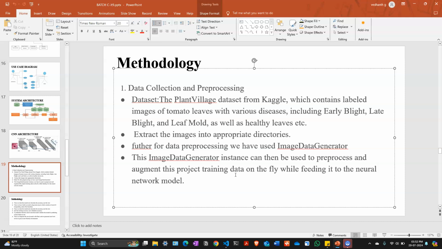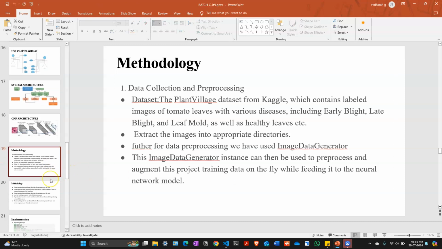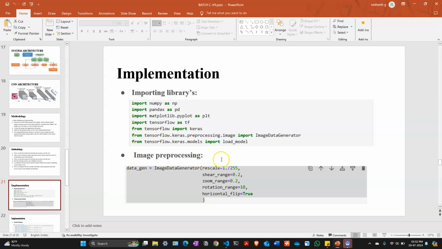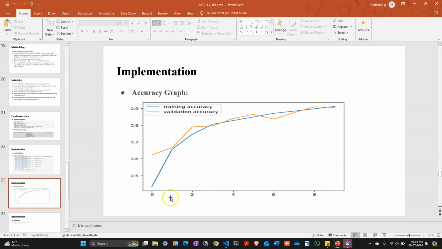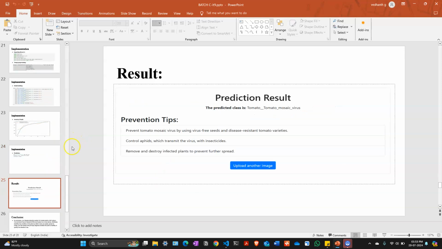Moving on to the implementation part of our project, we have used basic machine learning libraries and a CNN model incorporated into a Keras Sequential model, and after running our project, the accuracy gradually grew as we increased the number of epochs. Let me run the project.